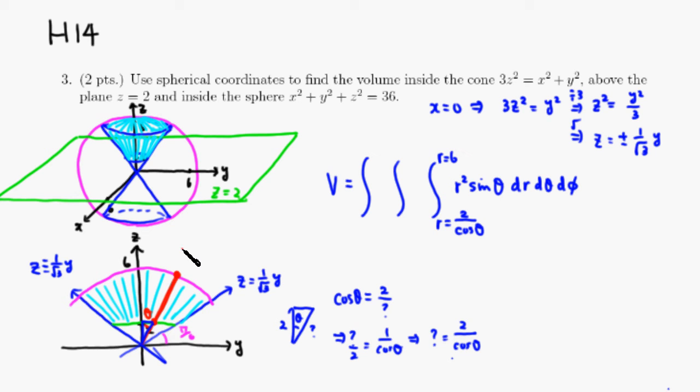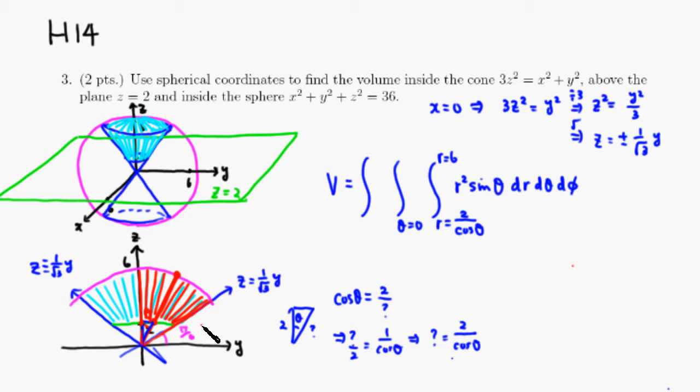Now we want to start theta. Theta is going to start from 0. Then in order to sweep this half of the region, theta is going to go up to the edge of the cone.